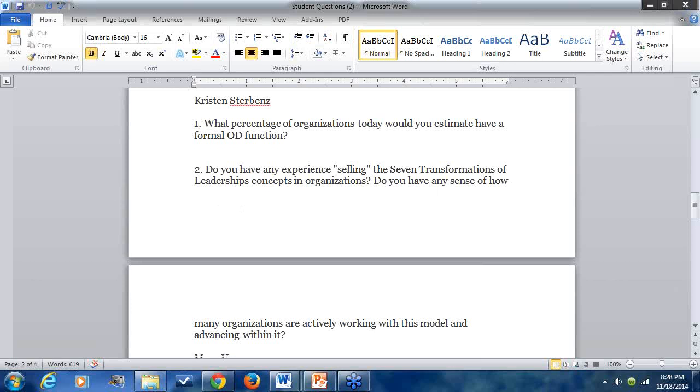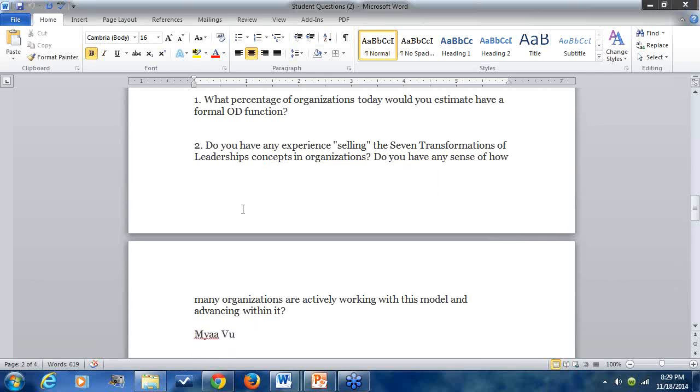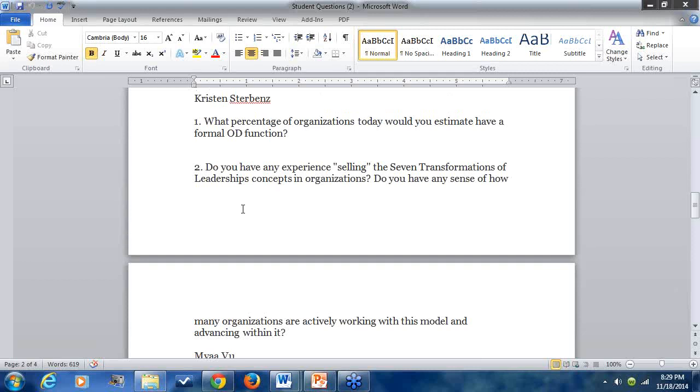Do you have any experience selling the 7 transformations of leadership? Again, I would suggest that we don't sell that. I took a look at that particular model, and this is really more of an individual leadership development coaching map.